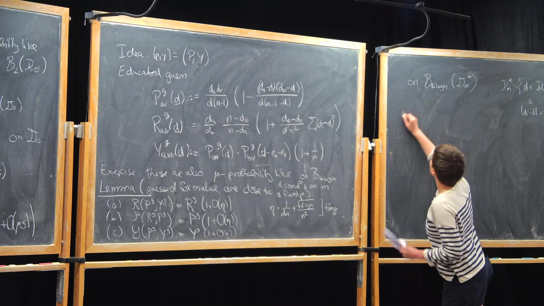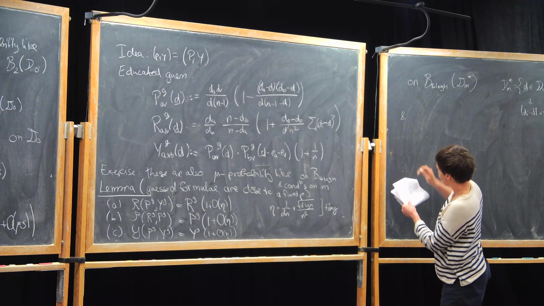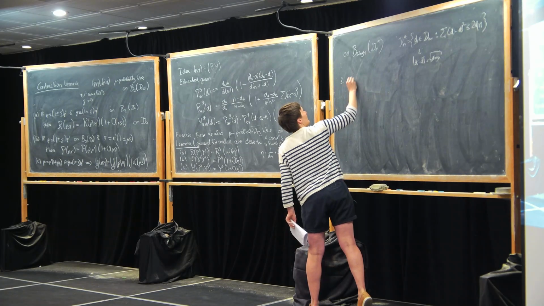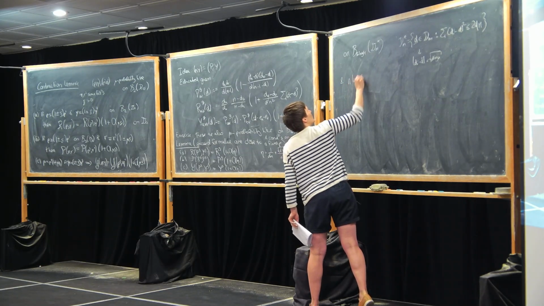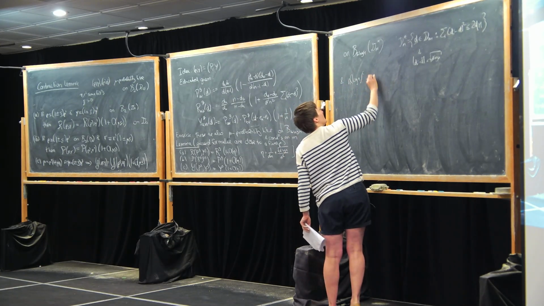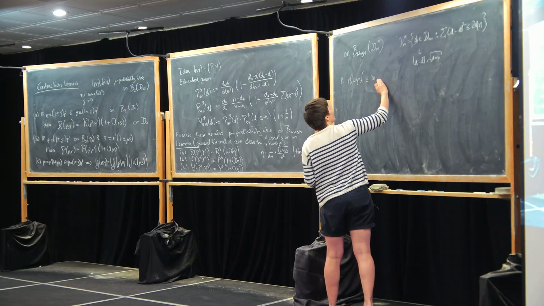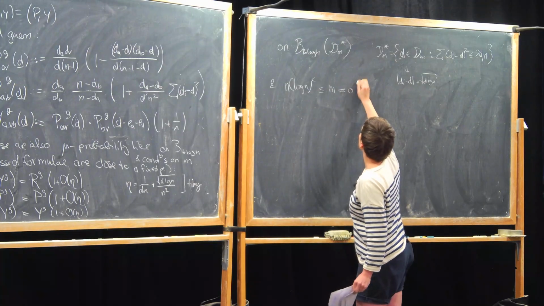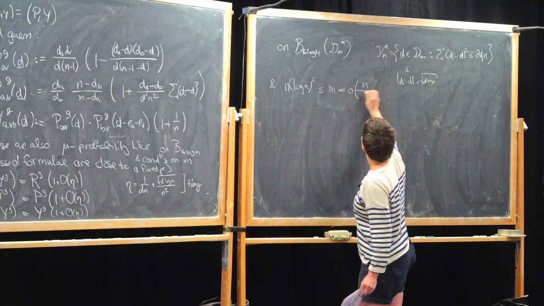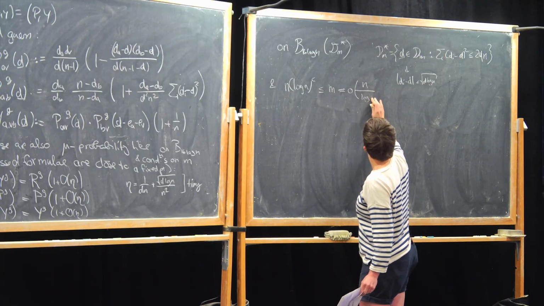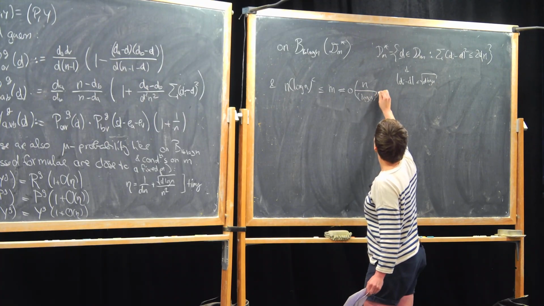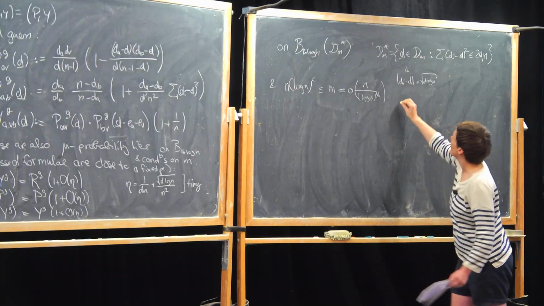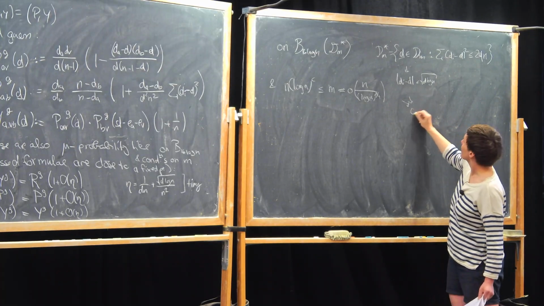The conditions on m are that n times log n to some constant c is at most m. And for this hand calculation, you need that this is little o of n to the log n to the 3/4. So for these ones, you can do the calculation by hand.